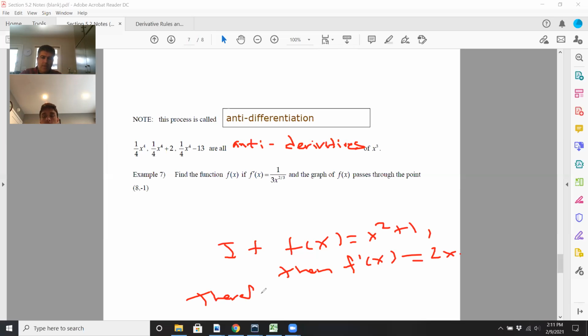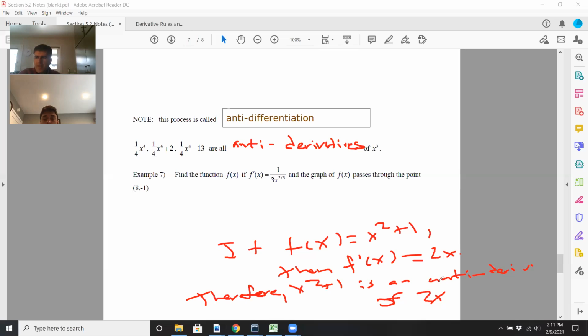Therefore, x squared plus 1 is an antiderivative of 2x. So it's just reversing what we've been doing all along, all the stuff we did in the fall.